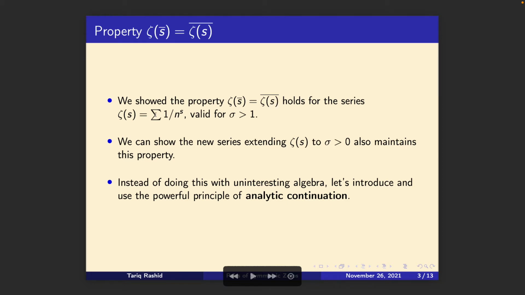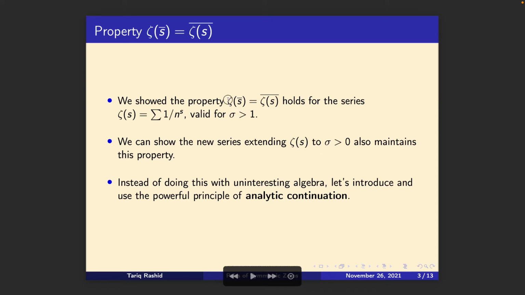Now that was for the original series, which was for sigma more than 1. Now remember we extended that series and we developed a new series which was valid for sigma more than 0 using the eta function. Again, go back and have a look at that if you need a refresher.